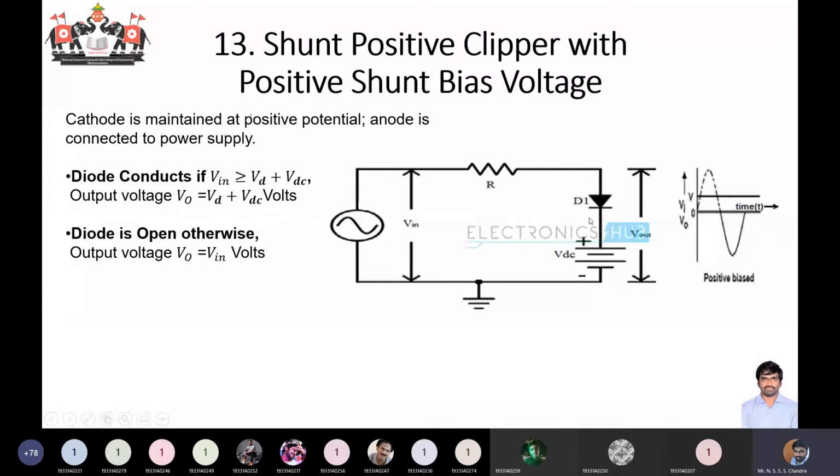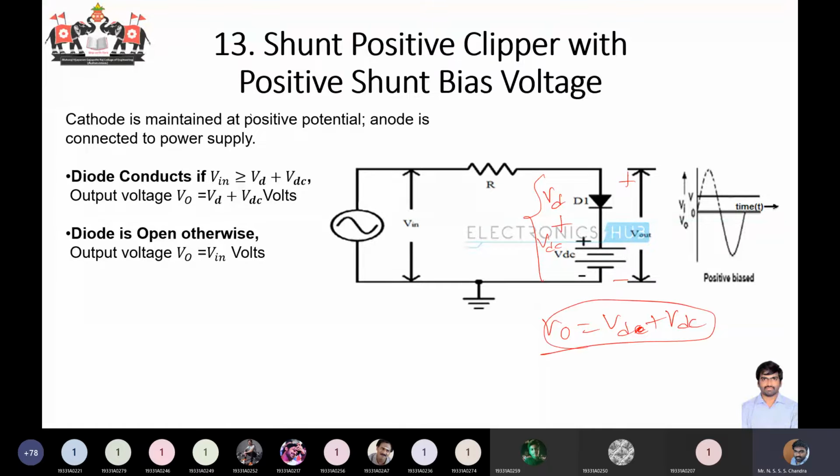Now, in case your Vin is greater than VD plus VDC condition is satisfied, then diode is in on condition. When the diode is in on condition, then voltage across this is equal to VD. Voltage across this is equal to VDC. Now, adding these two, you will get your V0. So V0 equal to VD plus VDC.